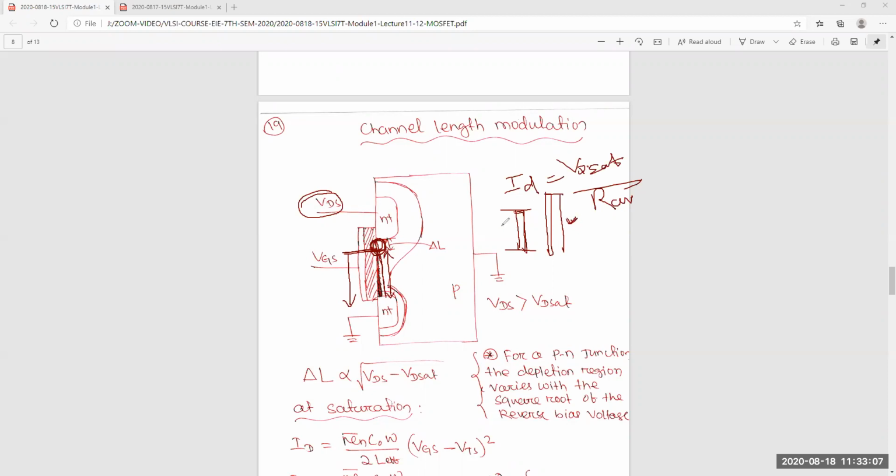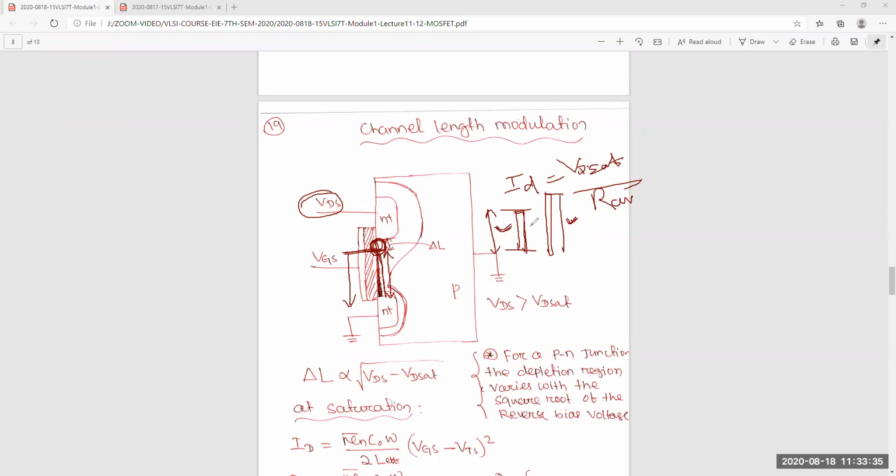This part resistance will definitely be less because the length is less. What you are saying is correct, that thinner means more resistance. But in this way you can think: if the length is less, then resistance is also less.